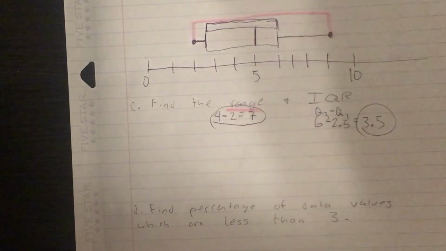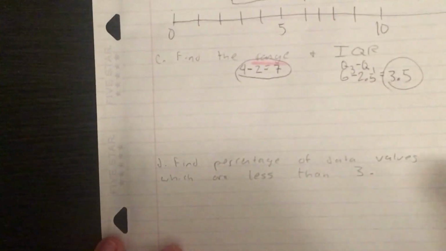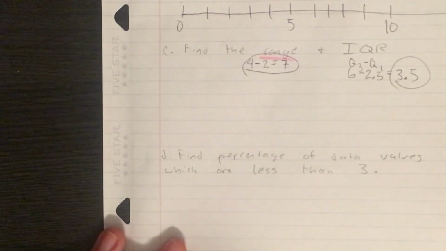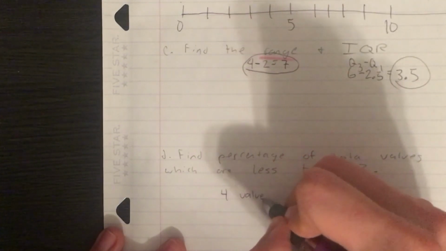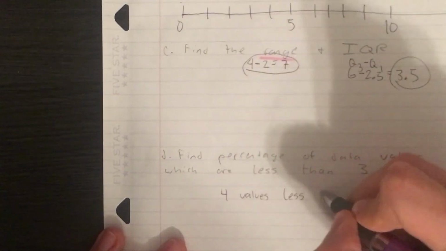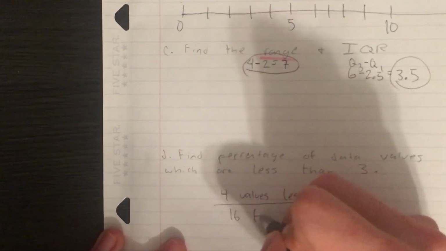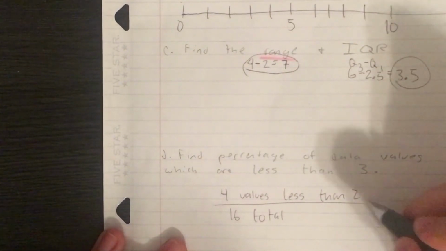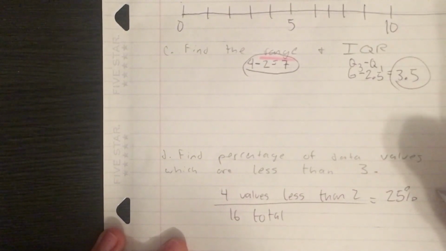Ideally, it worked out well that 16 is perfectly divisible into a quarter. There are 4 values less than 3 out of 16 total, which would just be a quarter, or 25%. We could also have used Q1 to find that.